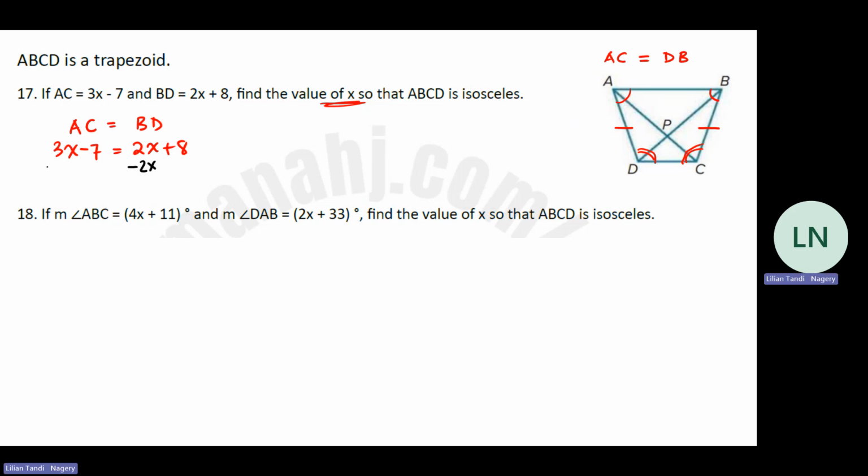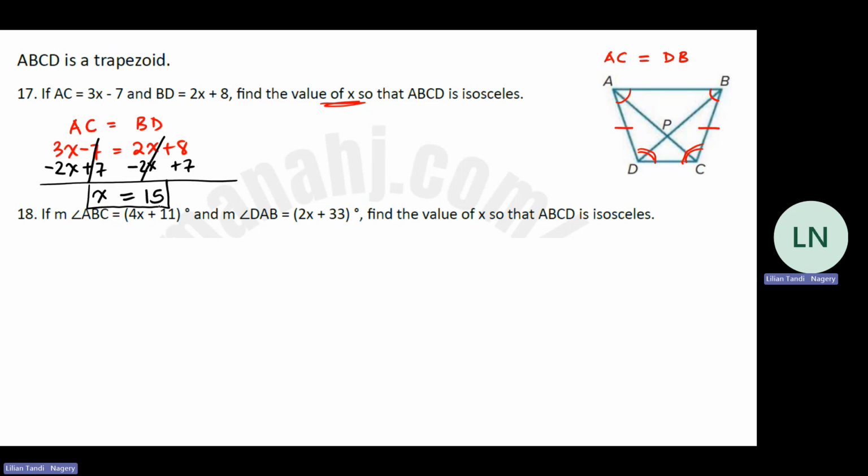Minus 2x, minus 2x, plus 7, plus 7. So this goes away and this goes away because they are inverses. So they become 0. 3x minus 2x is x. And what is 8 plus 7? 15. Yes, 8 plus 7 is 15. So this is your answer.